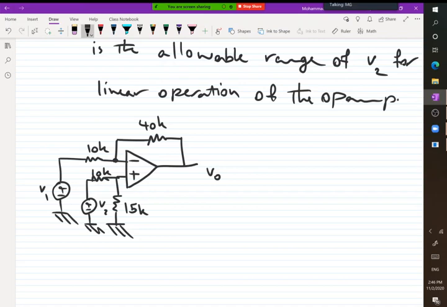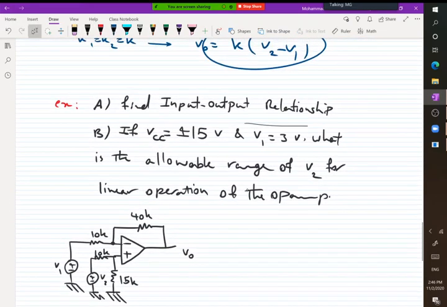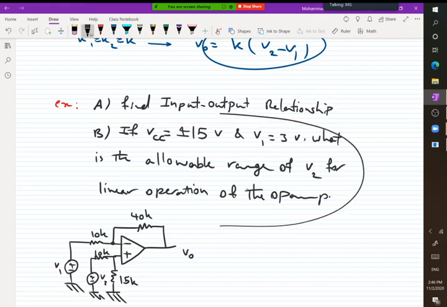If you remember from the previous lecture, I mentioned that part A, of course, is asking to find the relationship, which is okay. Part B is talking about the allowable range.